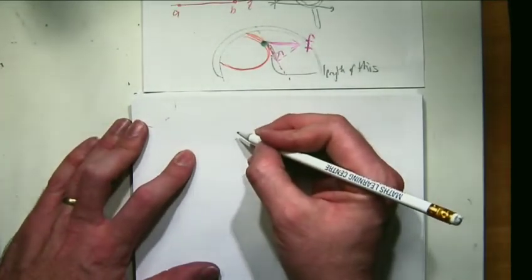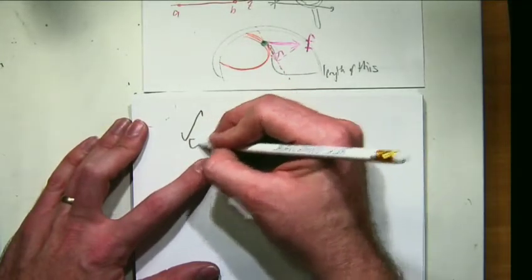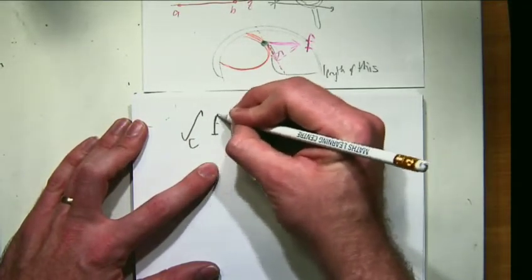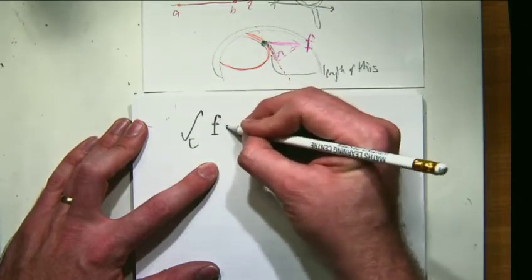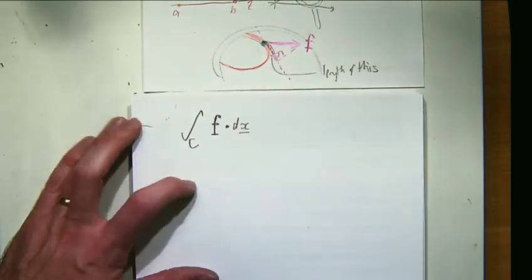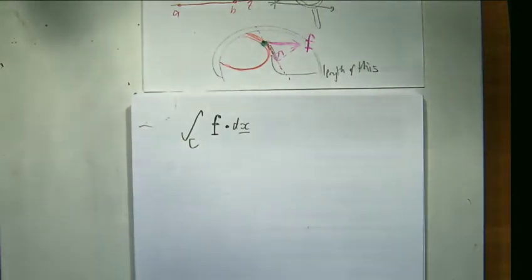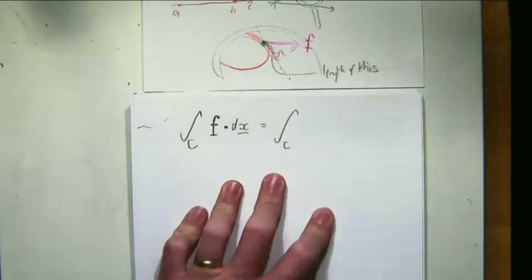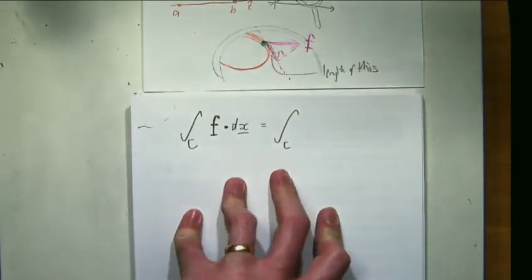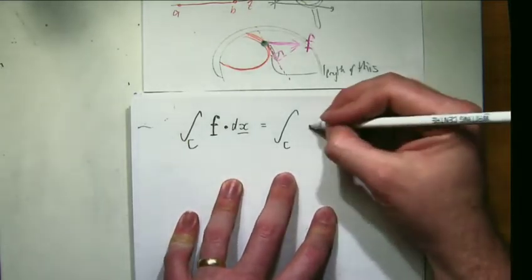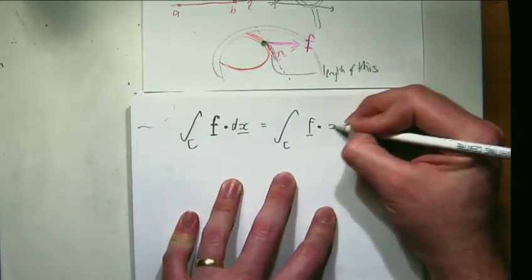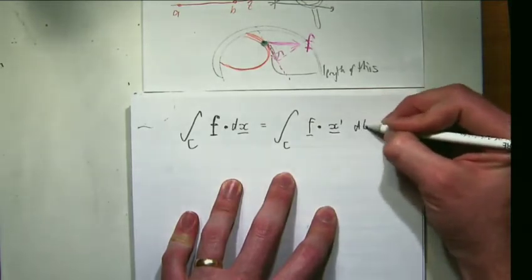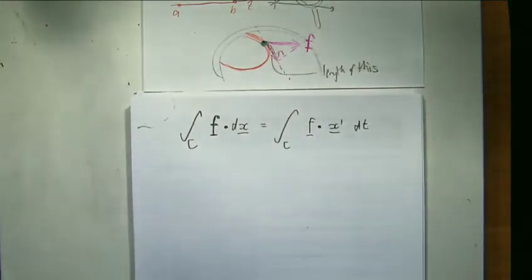Okay, the formula comes out to the integral across my curve C of a vector F dot with dx. So it's all vectors now, so we do it as a dot product, is the same as a scalar integral, which goes like this: F dot x dashed dt.